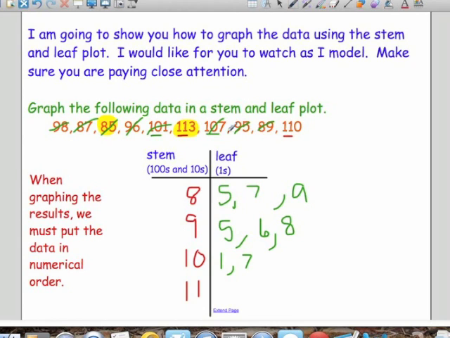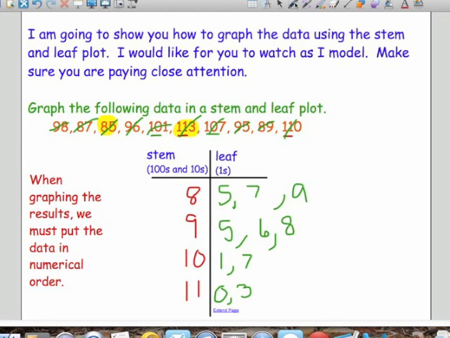Okay, now we just have our 11s left, and we have 110 and 113. So the 110 is going to go first. My 1's place is a 0, and my 1's place in the next one is a 3. Okay, so now I've even got them in numerical order here.